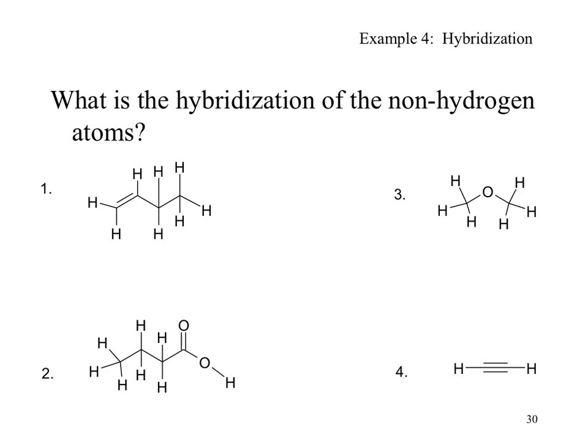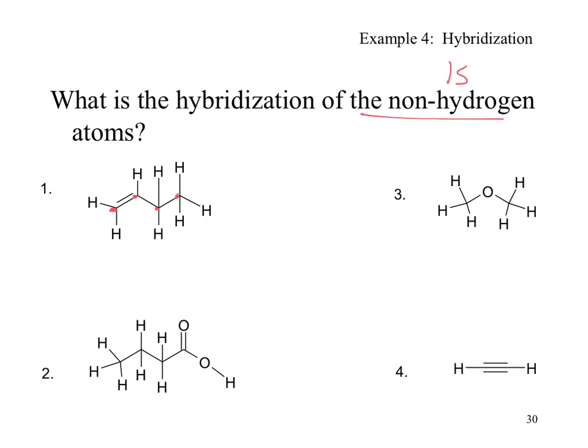Let's see if we can apply what we heard to the slide. The question is, what is the hybridization of the non-hydrogen atoms? We are seeking non-hydrogen because hydrogen only has one s, so there is no hybridization there. So each of these locations, consider that to be a carbon.